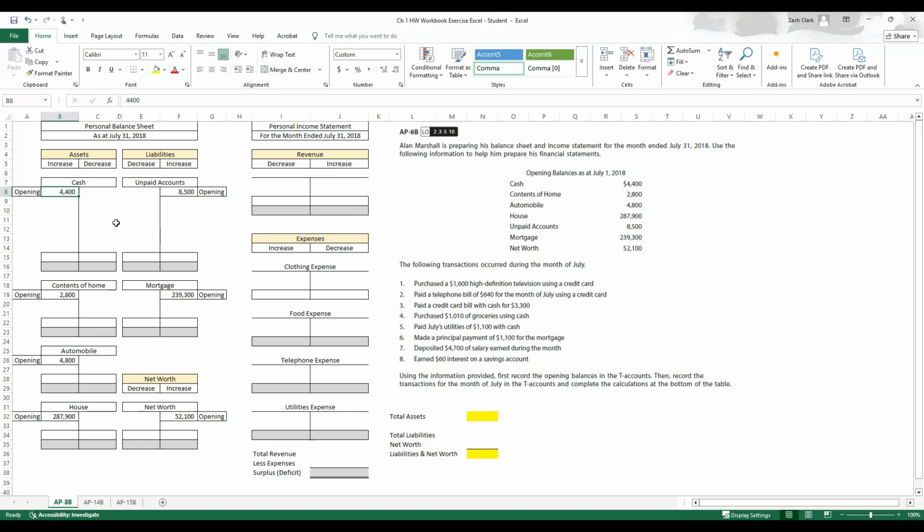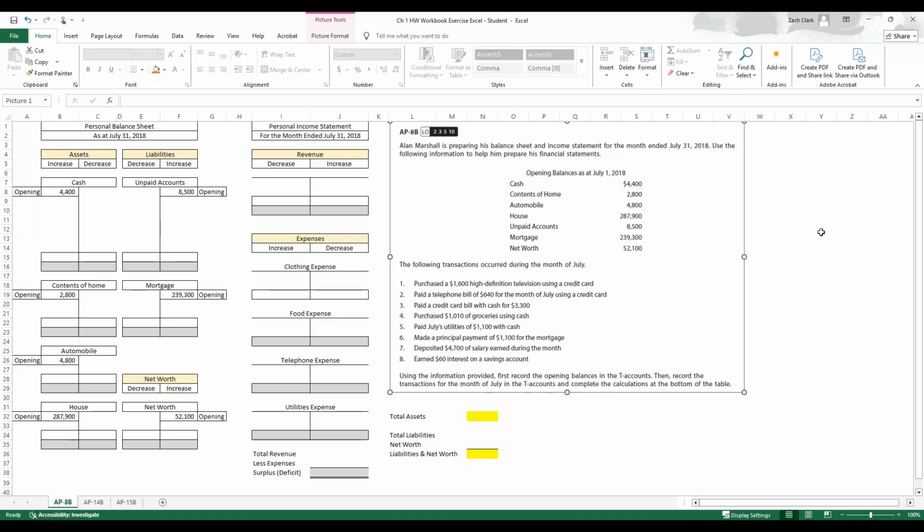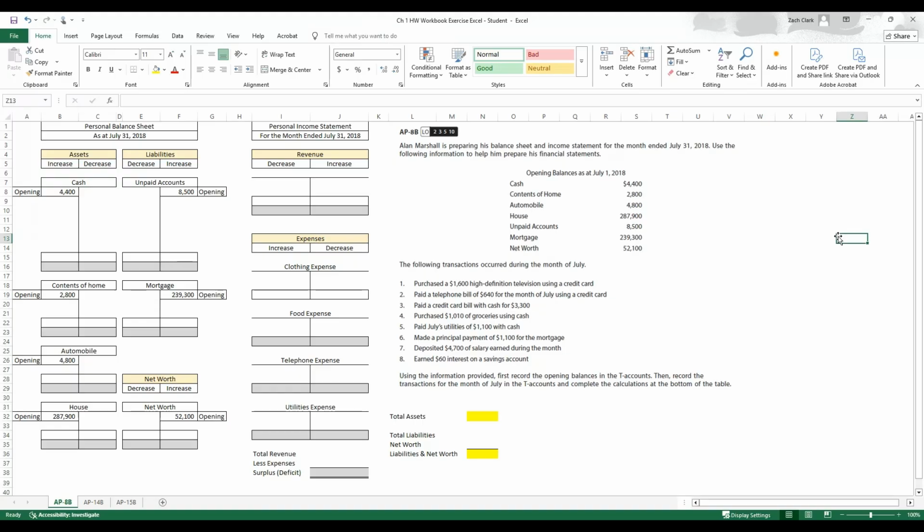Okay, so step one is complete. We've put in all our opening balances here. So next steps, we're going to account for the following transactions. Okay, and something to keep in mind here that we'll be working through this whole semester, and a key foundational concept in accounting, is the idea of the balance sheet and the income statement.